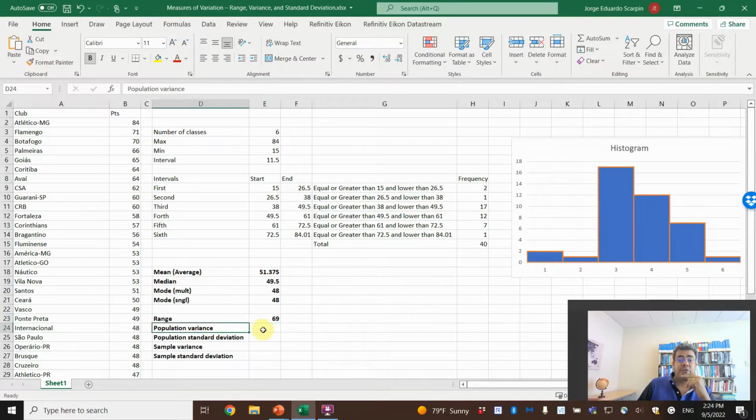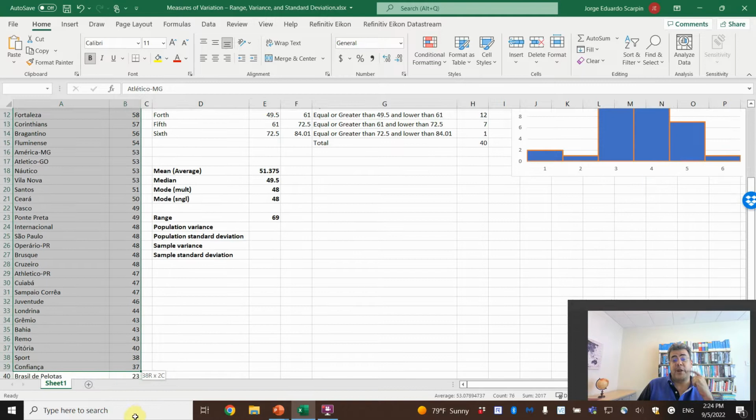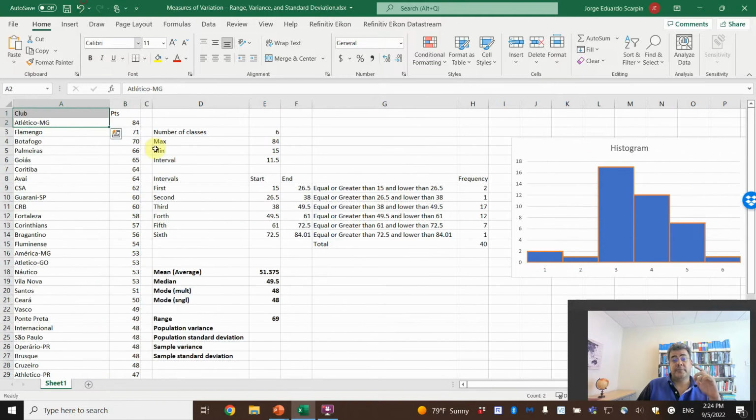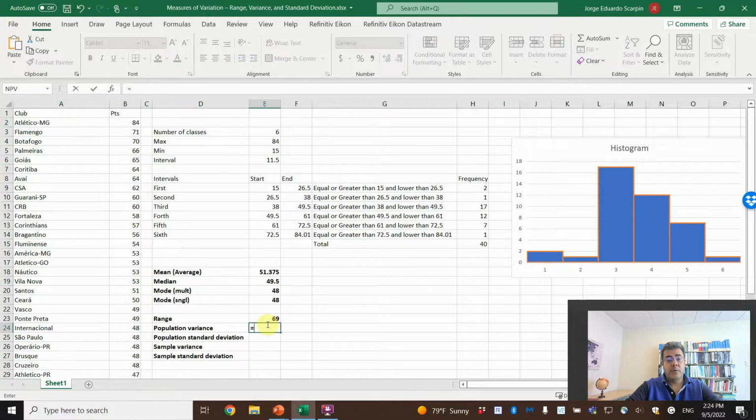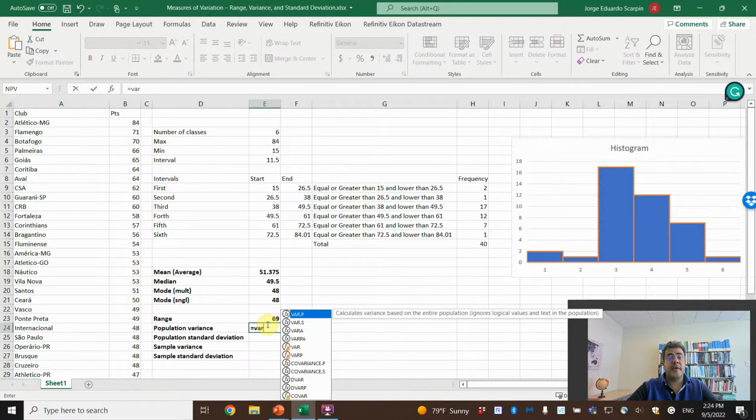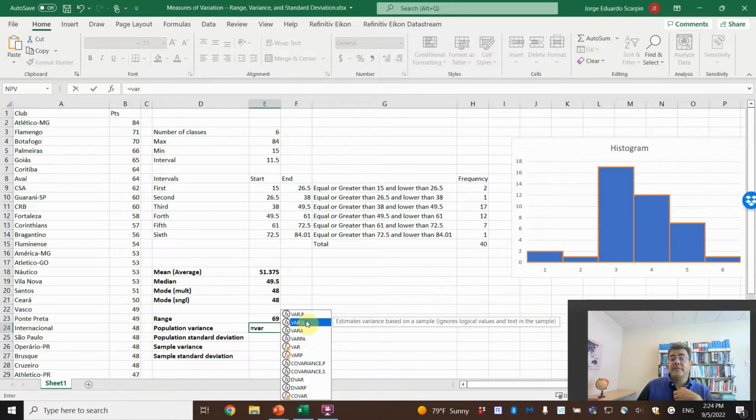So population variance is what we should use here because we are working with the full population of the 40 clubs. So equal VAR.P or VAR.S, population or sample.